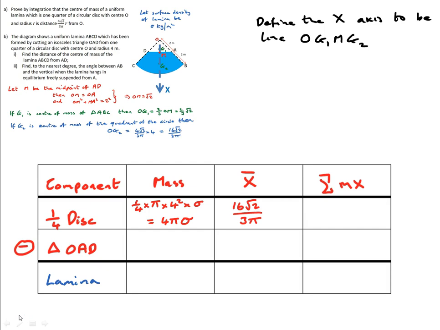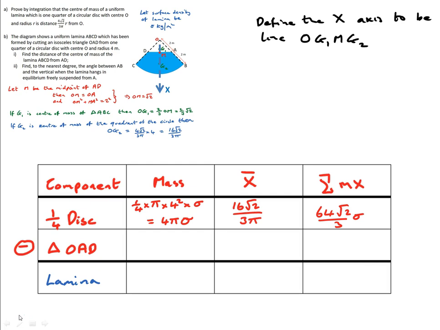So the sum of the mx's for the components is simply going to be 4 pi sigma times 16 root 2 over 3 pi, which gives me 64 root 2 divided by 3 times sigma.